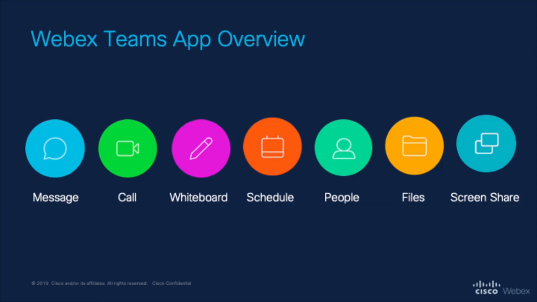In addition, if you happen to have added some additional functionality like our calling solution, Cisco Unified Communications Manager, or the Webex calling option, then you can use this client as your soft client to make calls and receive calls on PSTN phone numbers. We also have the capability of using Whiteboard. We can schedule with the client. I'll show that a lot more in detail in just a moment.